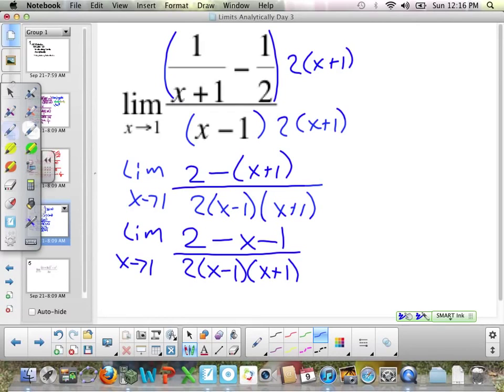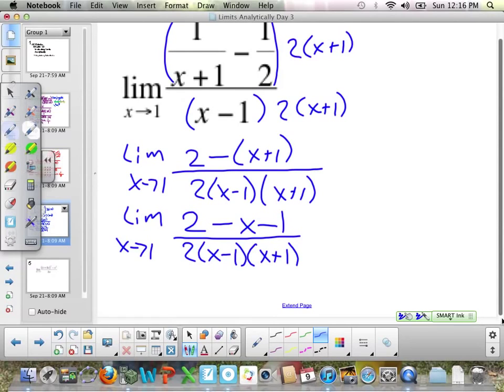Simplify the top. We got the limit as x approaches 1. 2 minus 1 is 1 minus x over 2 times x minus 1 times x plus 1. Very similar to the last problem we just did.